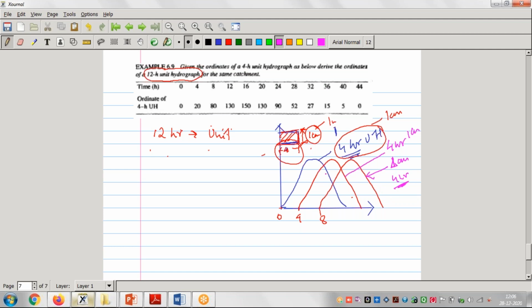So when we add these 1, 2, 3, what will happen? This will become a 12-hour hydrograph, but because of 3 centimeter rainfall. Why 3 centimeter? This is 1 centimeter rainfall, this is 1 centimeter, and this is 1 centimeter. But he is asking for the unit hydrograph of 12-hour.